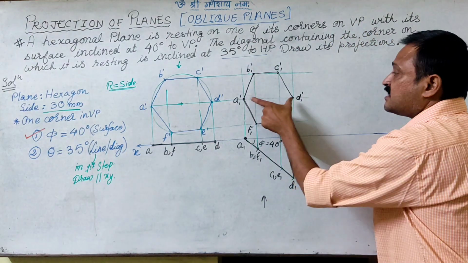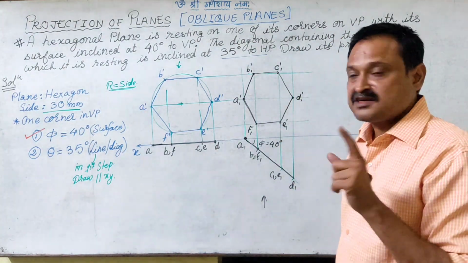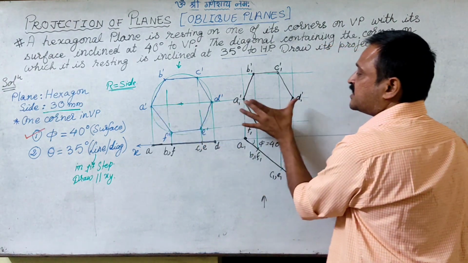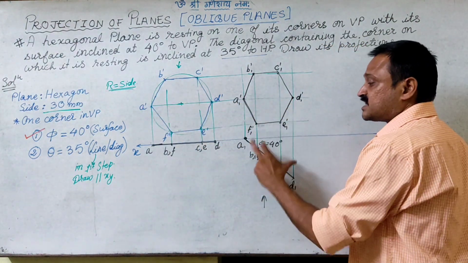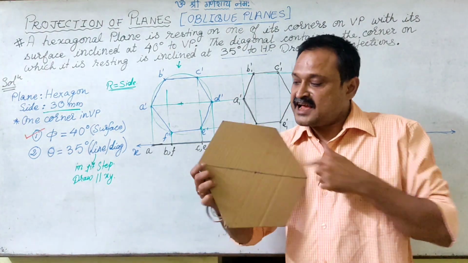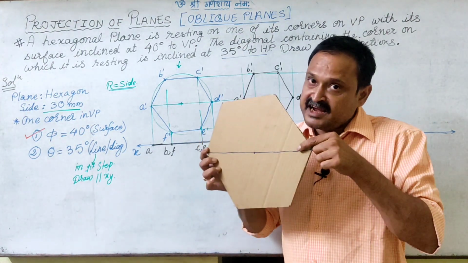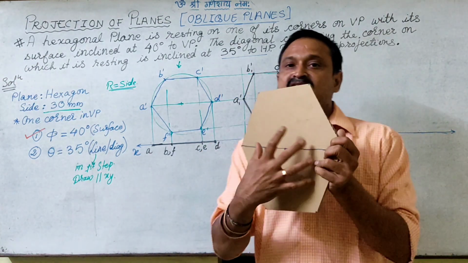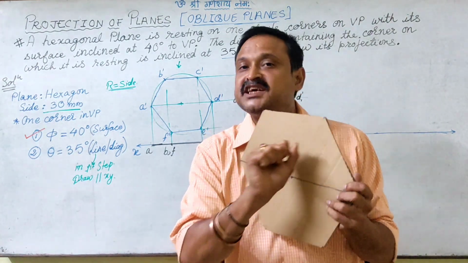But this A1 D1 is not the true length. See, AD is the true length of the diagonal, but A1 D1 is the projected length. We have seen, because this line has got inclined with VP. So that means in the front view now, in this condition, I am able to see its projected length.